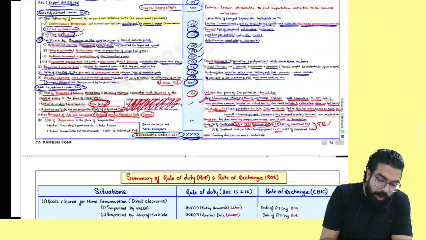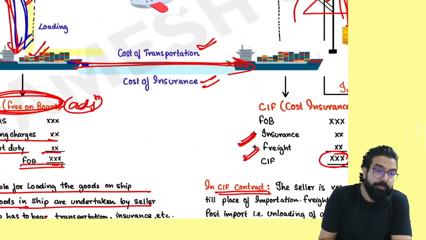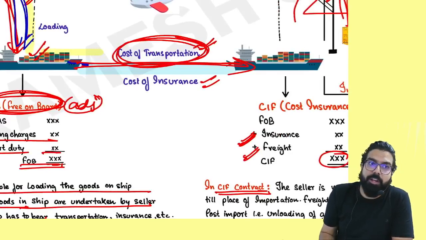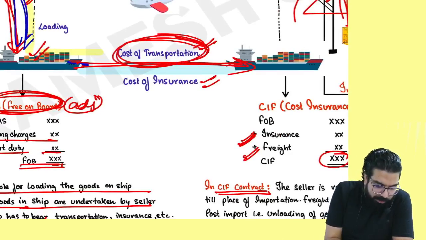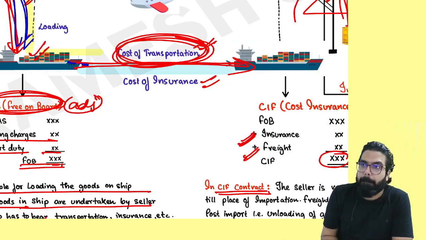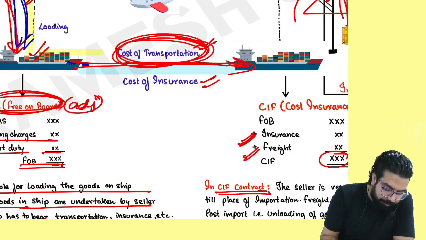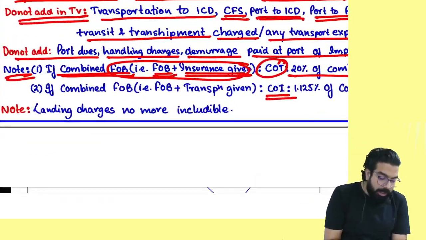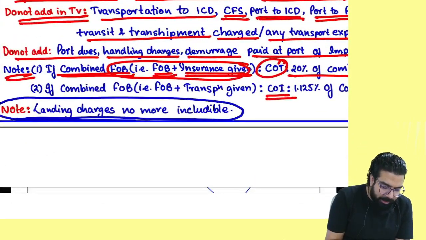Now listen. Which transportation cost is it? This transportation cost, right? Do you guys agree with me? Yes? Now listen. You know what happened? Earlier, there was something called landing charges which were being charged.